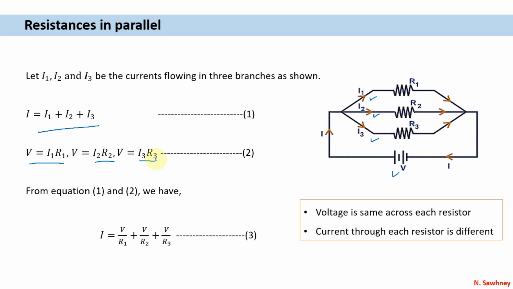Now from equation 1 and 2 we have total current I equal to, putting the value of I1 from equation number 2, V upon R1, I2 from equation number 2, that is V upon R2, and I3 from equation number 2, that is V upon R3.